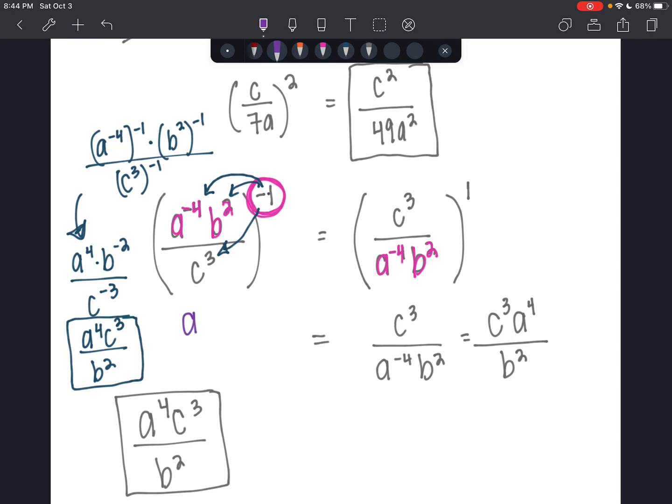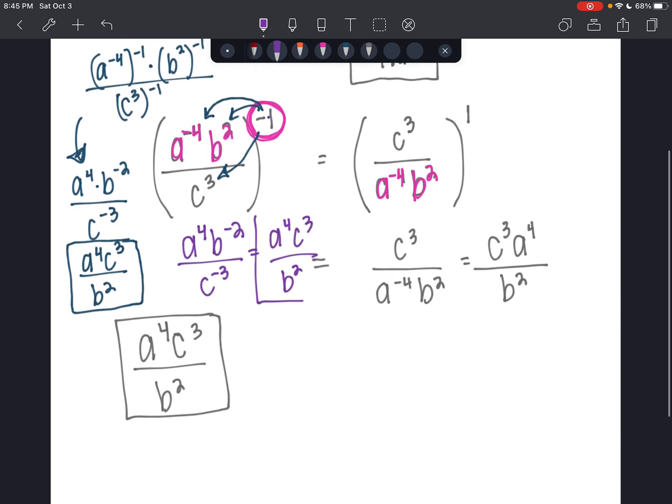I do negative 4 times negative 1 is 4, b squared to the negative 1 is b to the negative 2, and c to the third power to the negative 1 is negative 3. And there I would simplify it. So a few different ways to think about it and get to the right answer, but whichever one you're most comfortable with that gets you to any of these boxed answers, which are all the same.